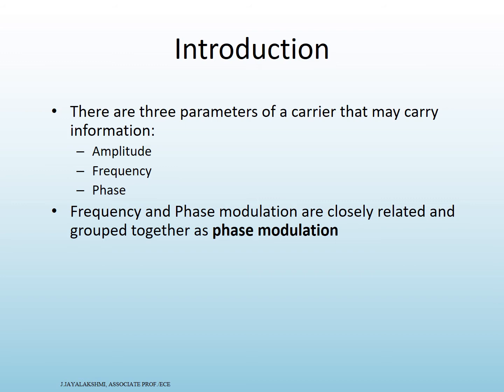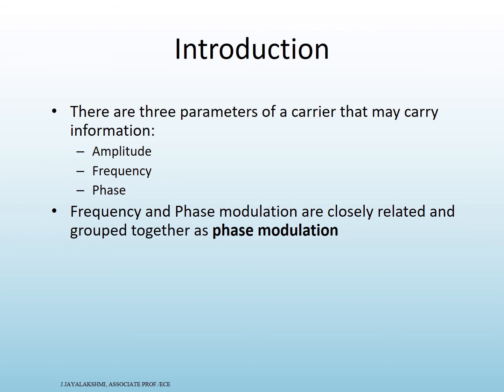If you vary the amplitude according to your modulating signal, it results in an amplitude modulated signal. So, here we are going to take the two parameters, the frequency and the phase. These frequency as well as phase modulation are closely related to each other, and they are grouped together as phase modulation, or in other words angle modulation.